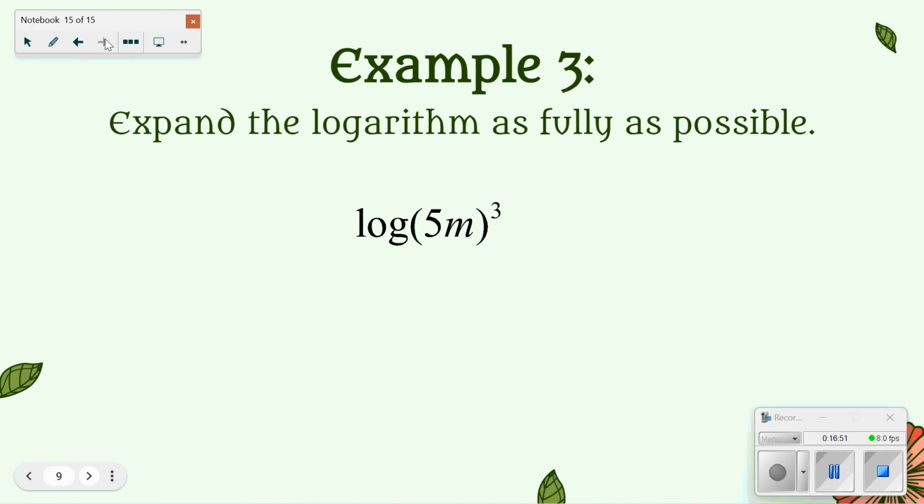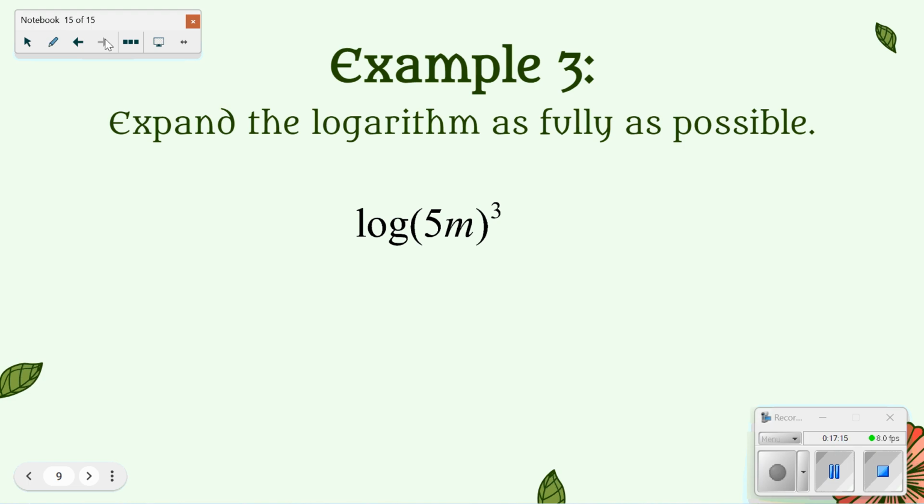All right. Our directions: expand the logarithm as far as possible. So you're doing the opposite, reverse process of what you were just doing before. So thinking about that, what are you guys noticing here that maybe you want to do to start off?